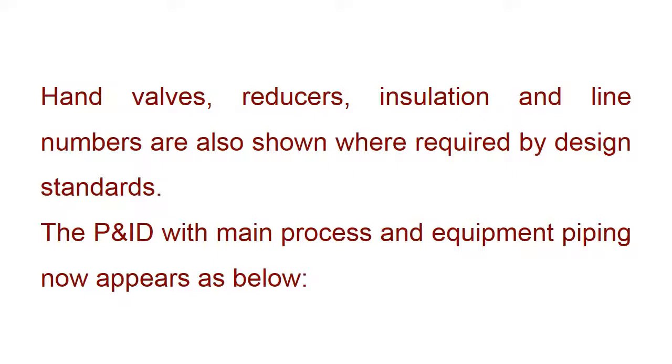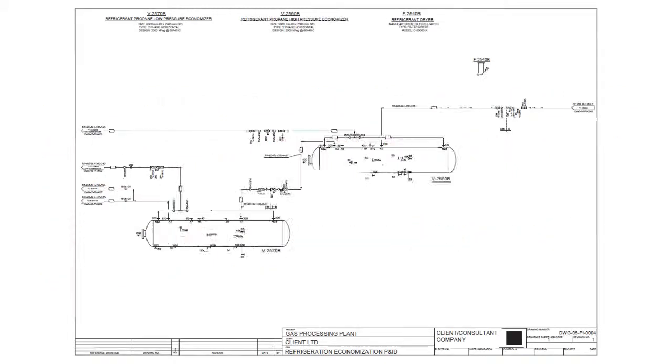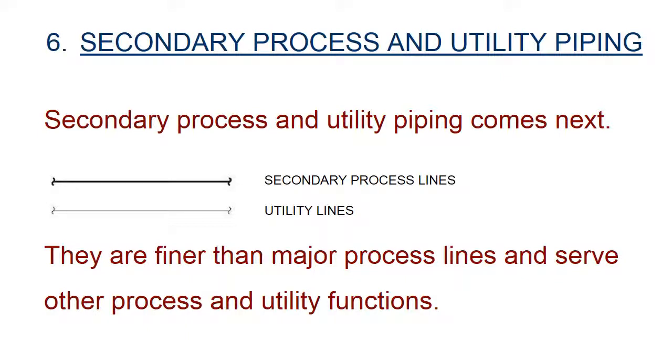The P&ID with main process and equipment piping now appears as below. Secondary process and utility piping come next. They are finer than major process lines and serve other process and utility functions.